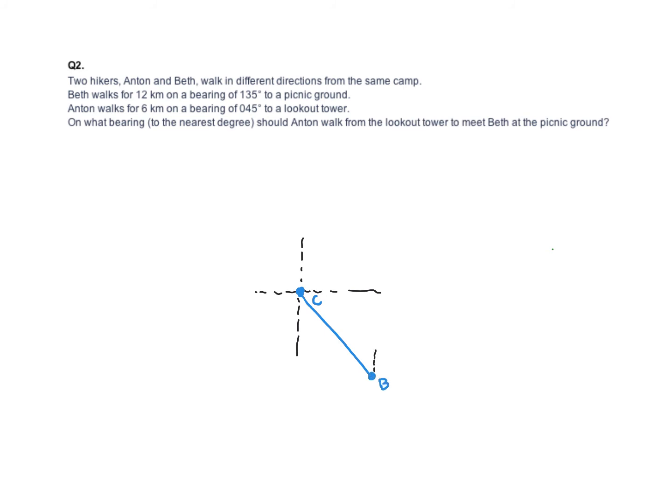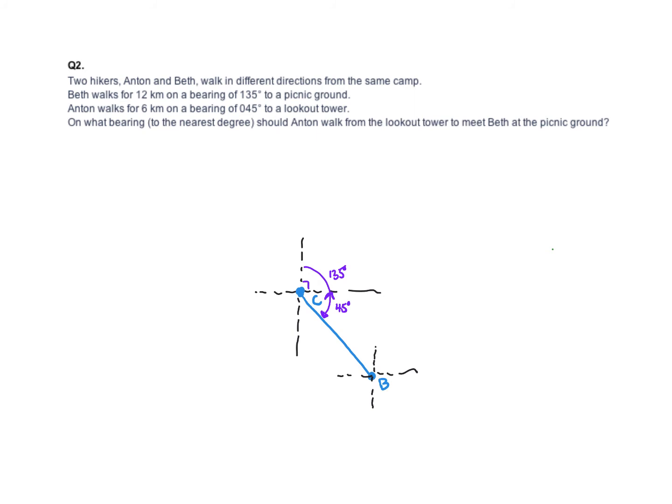And straight away I draw my little compass, and I'm going to add in the pieces of information that we were given. So we know that this is 135. So if that's 90, then this little distance in here must be 45.